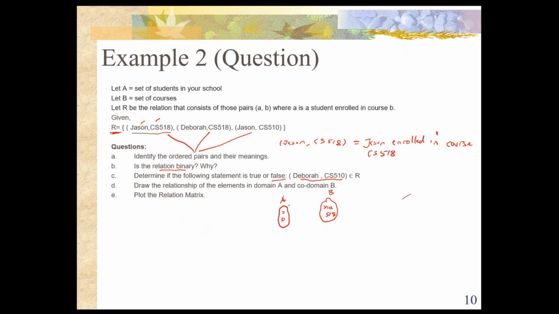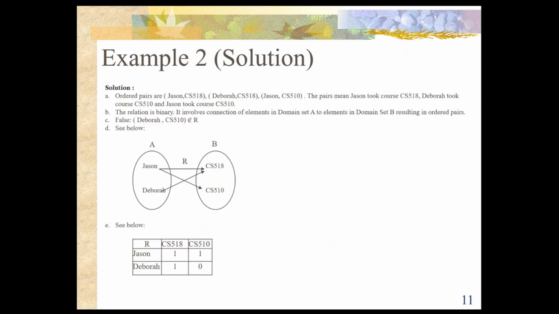Okay, and then, referring to the relation here, you will plot them accordingly. Jason is taking both. Deborah is taking only 518. So the answer should look like this. Mappings.